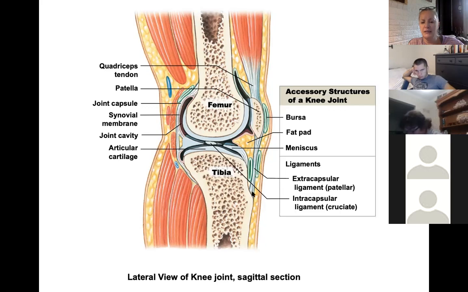So you have this nice extracapsular ligament out here, patellar tibial ligament, and you have bursa on both sides of it because you're going to have this sliding, your patella kind of slides up and down in this tendon sheath over in front of both your femur and your tibia, depending on your position. And so you can see how many bursa you need to have around that to help make that sliding motion a lot more comfortable.